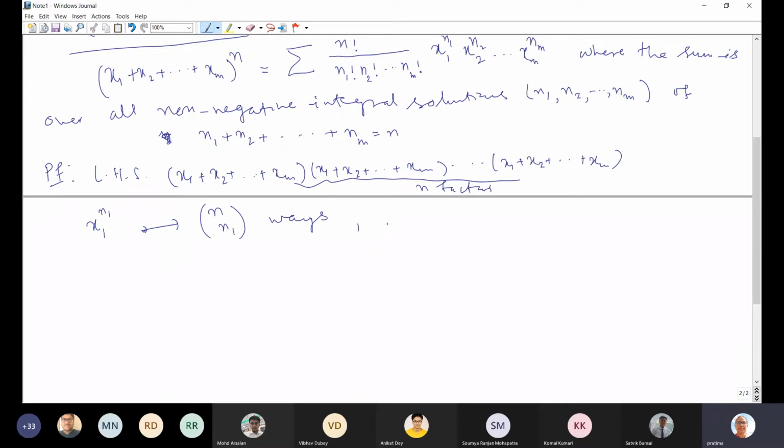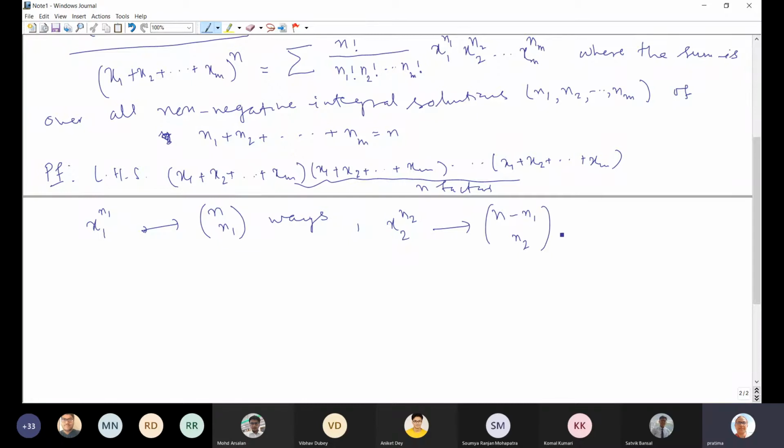Then for x2, n2, how do you select? You select out of the remaining n minus n1 factors, since from n1 factors we have already selected x1. So from the remaining n minus n1 factors we select x2 in n2 ways.